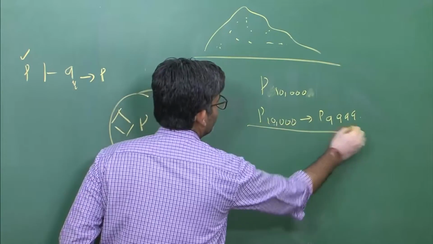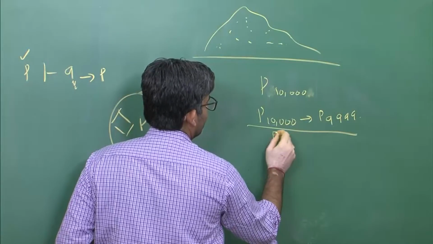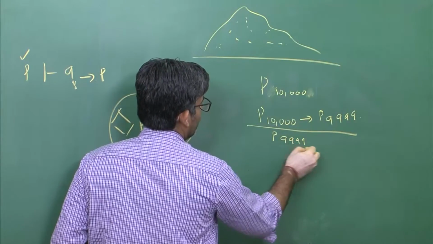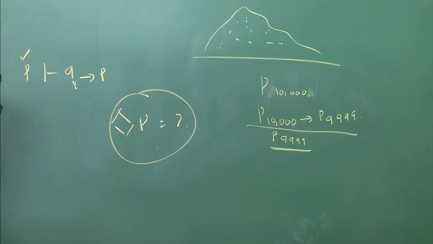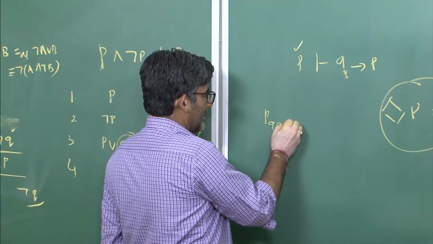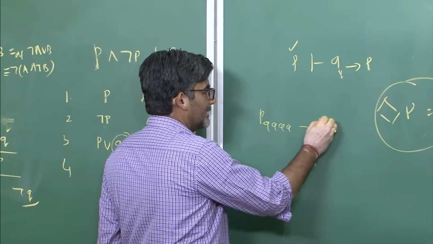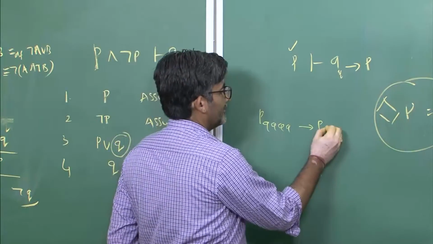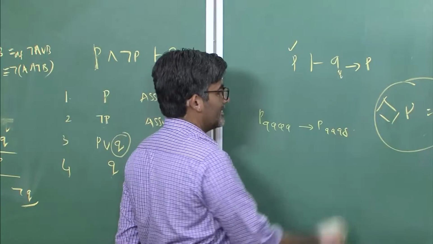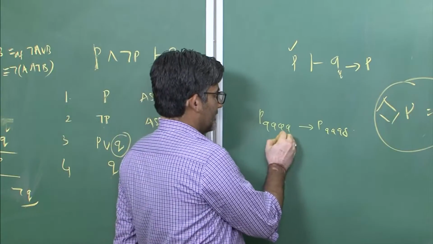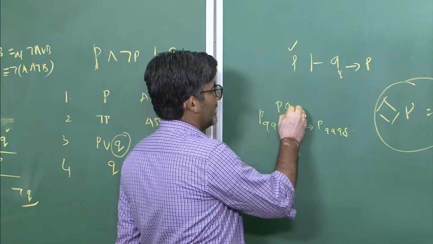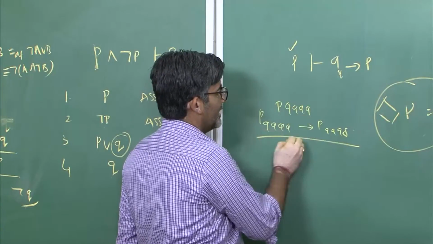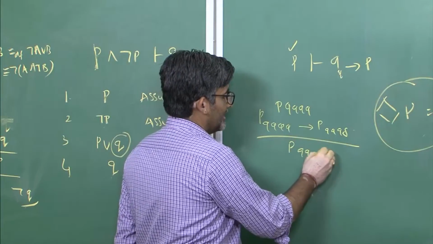With modus ponens, you get P 9,999 is also considered to be a heap. So if P 9,999 is a heap, then if you remove one grain from it, P 9,998 is also considered to be a heap. Again you use modus ponens, and you will get this.